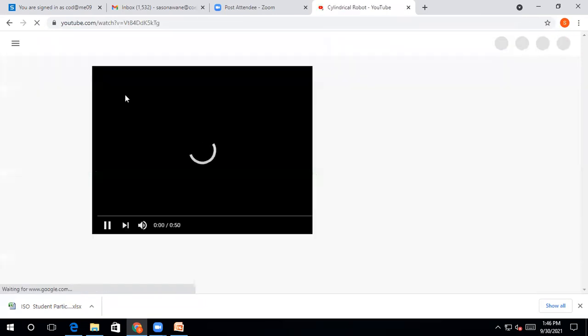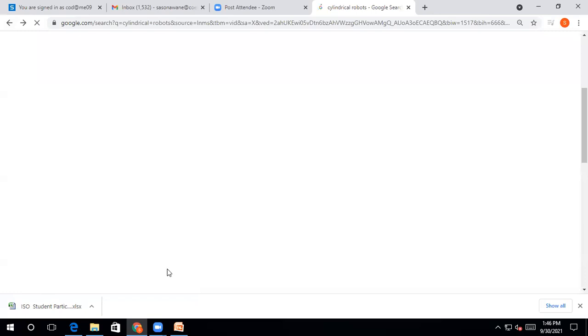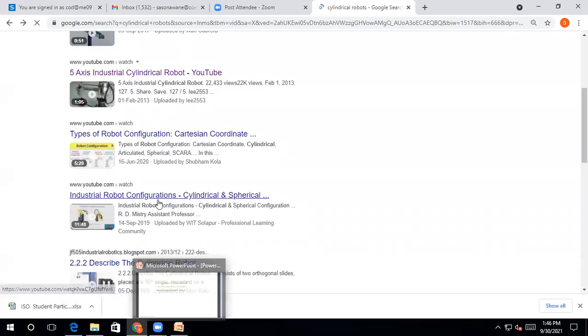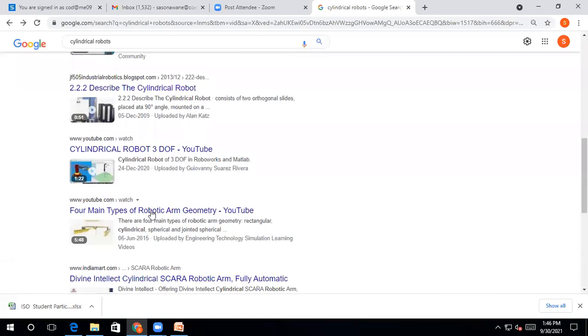This 5-axis cylindrical robot we will see. Same is there, I think. I'll just see this cylindrical robot having 3 degrees of freedom.